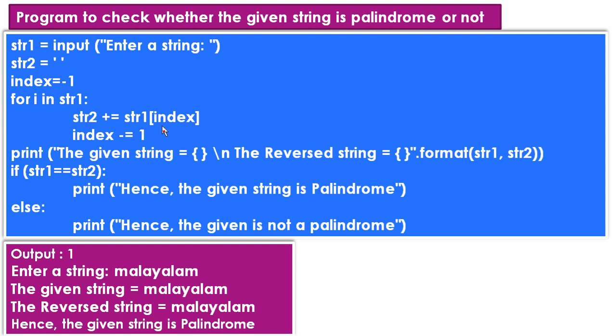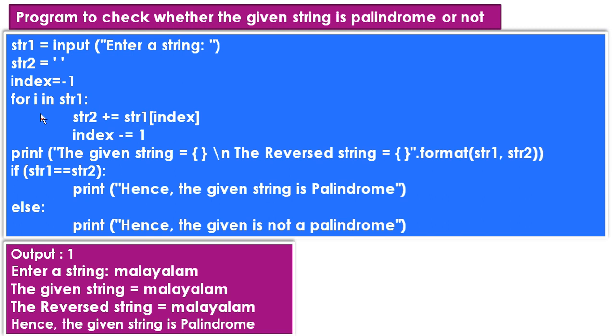The first index value is -1, that is this M. So str2 equal to str2, that is blank, plus str1 of -1, so now str2 turns into M. The last character of the string now becomes the first character of str2. The index value is decremented by 1.